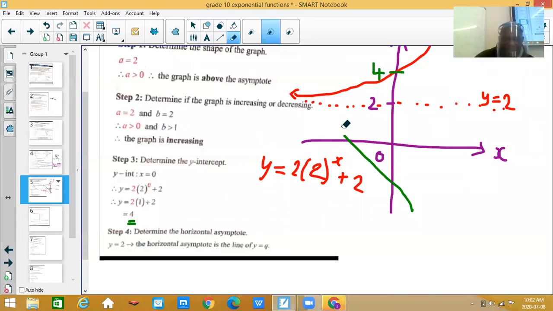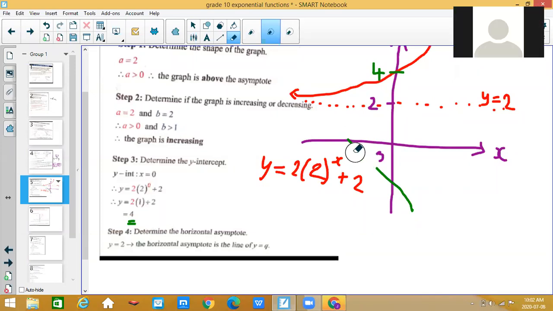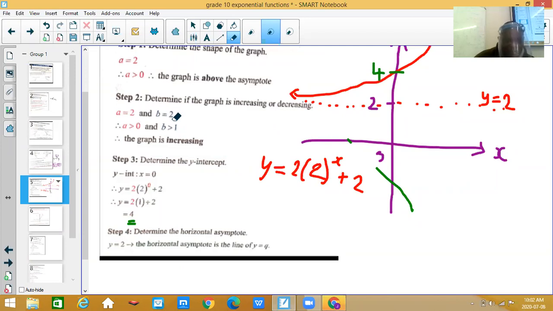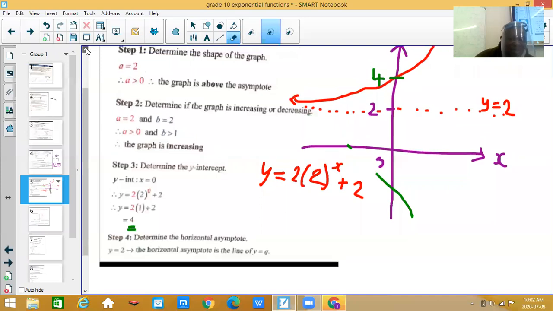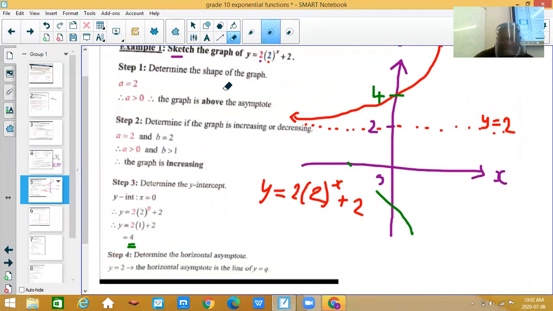So now, A is equal to 2 and B is equal to 2, yes. So now, where do we see A or B on the graph? Okay. Now, our A is the first one that we have here, and the B is this one. Now, the first A they are talking about here, the red one, is this one.